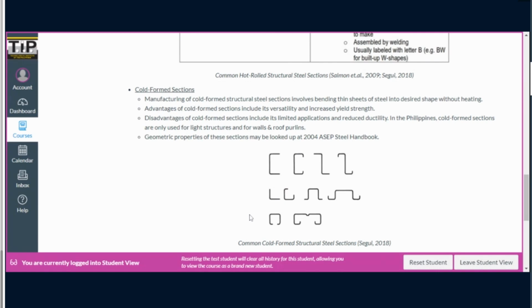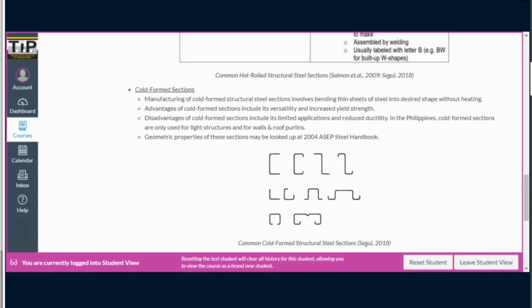Although in some parts where seismic activity is not significant, we can use cold form steel. But in the Philippines, where most of the country is in zone 4, cold form steel is not really used.